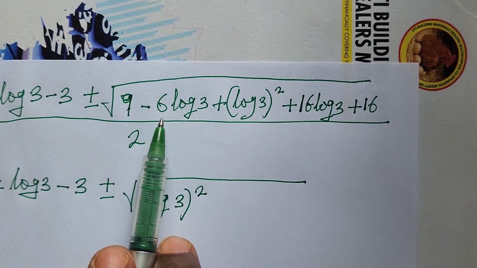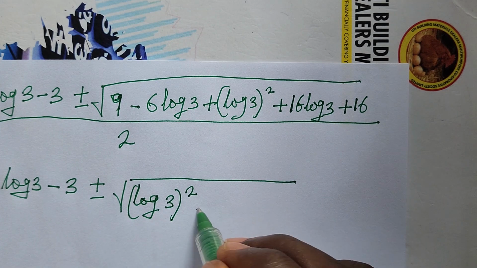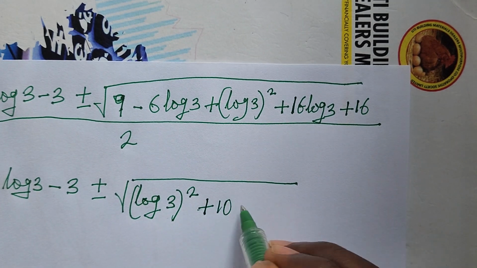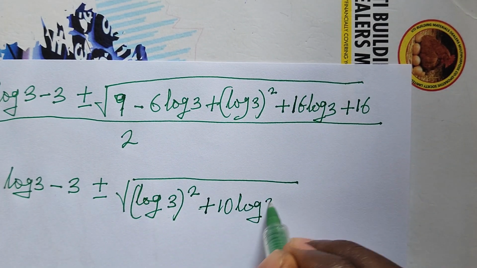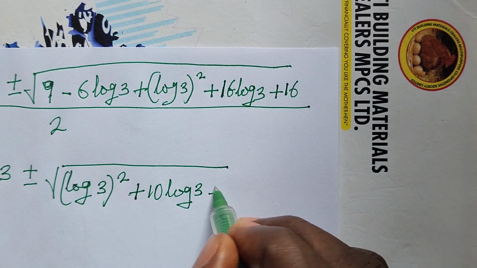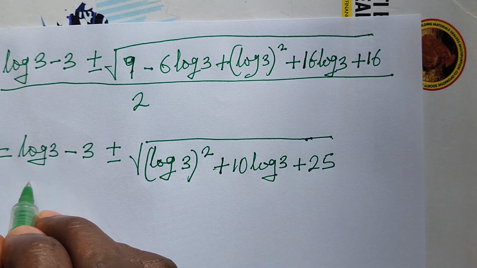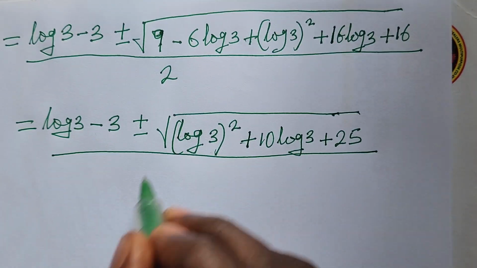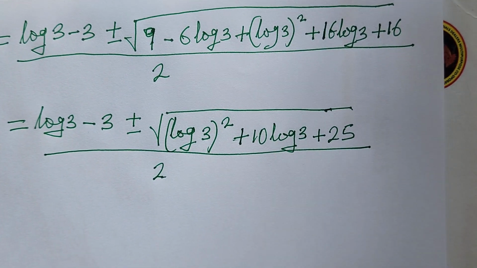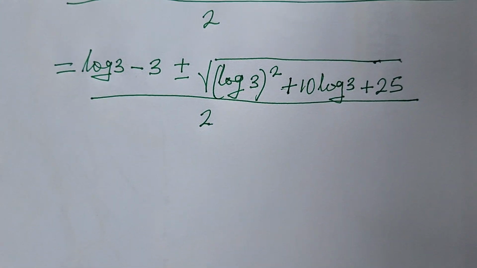Here we have minus 6 log 3 and plus 16 log 3. So this will give us plus 10 log 3. Then 9 plus 16 will give us plus 25. Everything here all over 2.